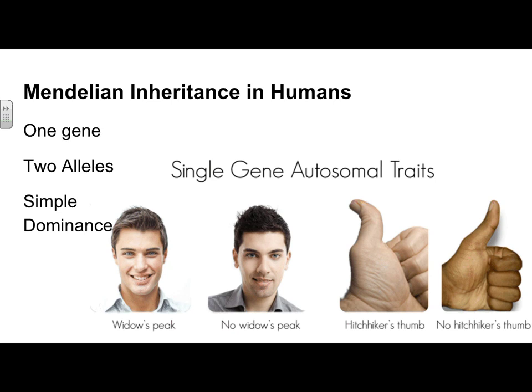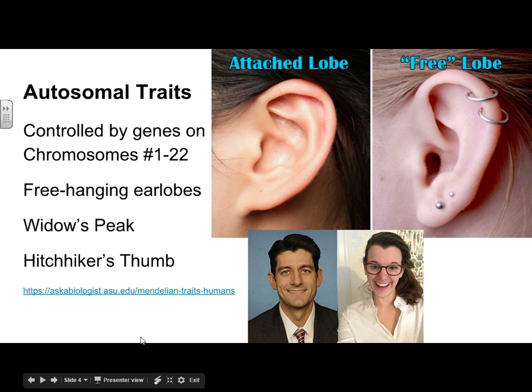A couple examples we'll look at is widow's peak, when the front of the hair comes to a point, versus none, and hitchhiker's thumb, with the ability to extend the thumb much greater than somebody without a hitchhiker's thumb. If something is autosomal, remember our autosomes are the first 22 chromosomes, number pairs 1 through 22, not the sex chromosomes.